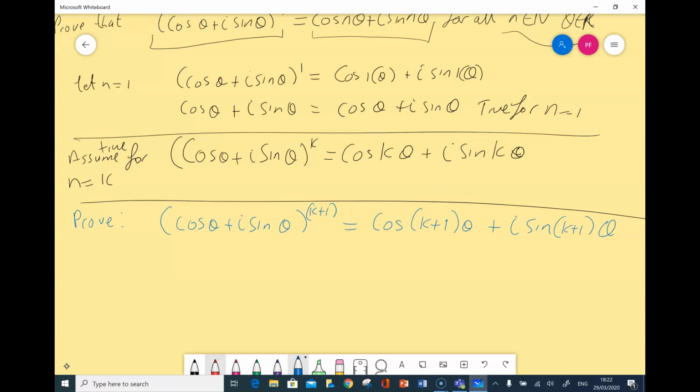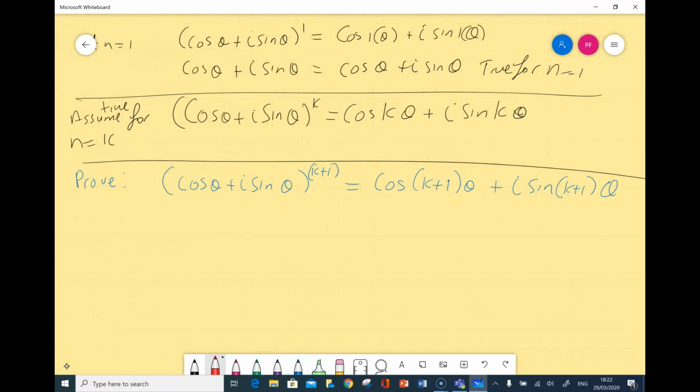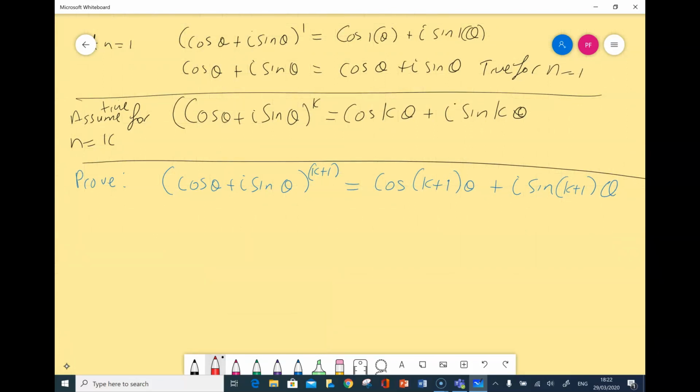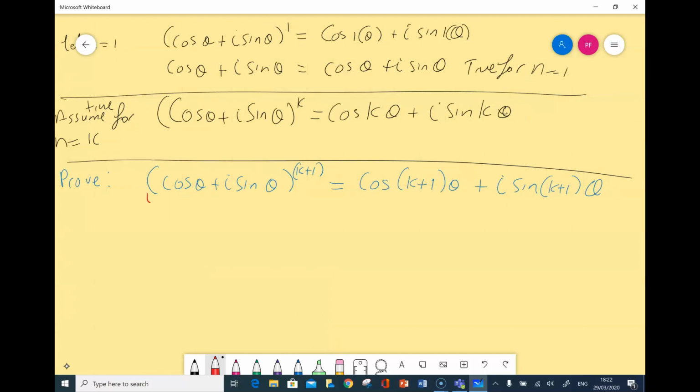Okay, so we'll begin this proof with what we're trying to prove. We're going to start with the left-hand side, which is (cos theta + i sin theta)^(k+1). Now we're going to take that left side and break it up.